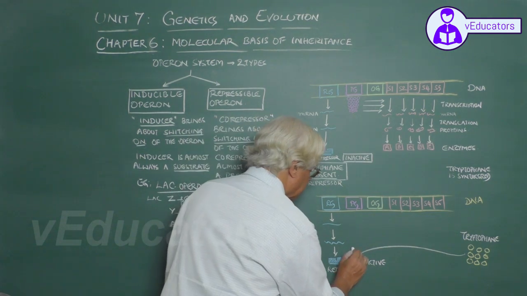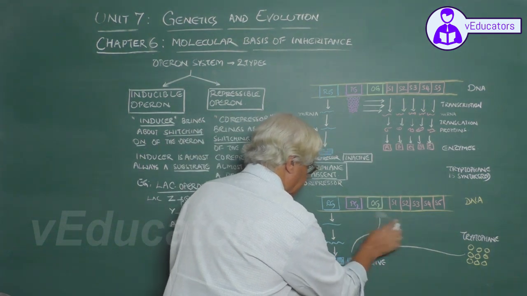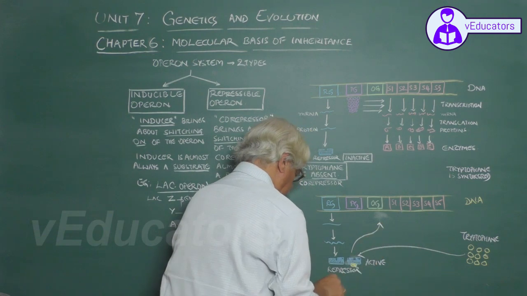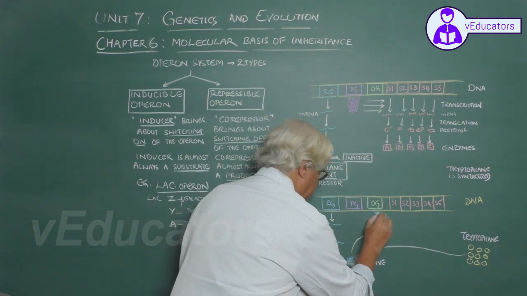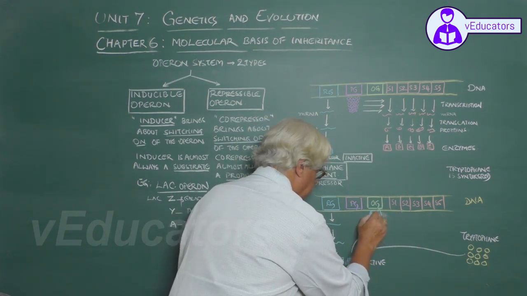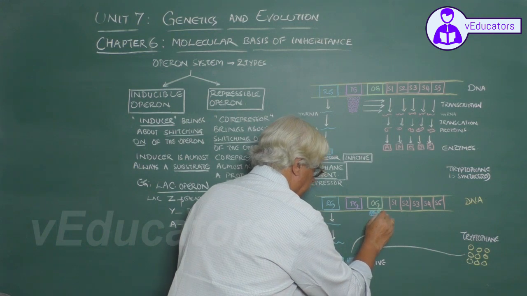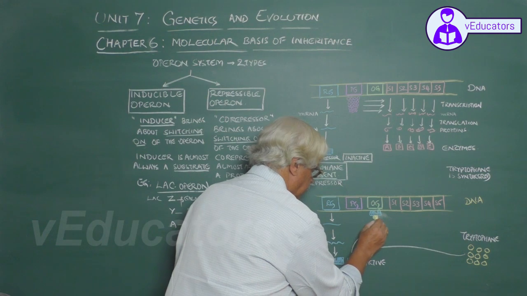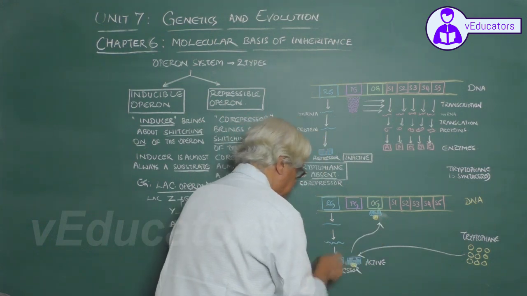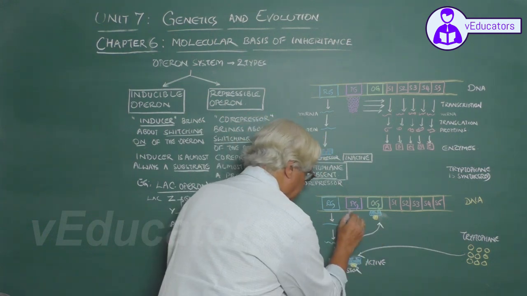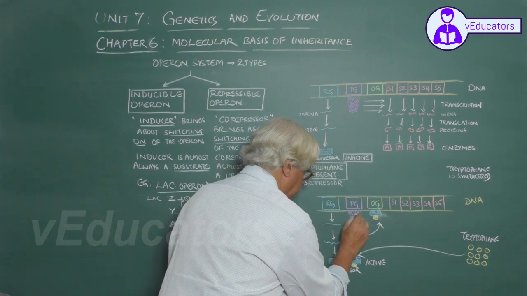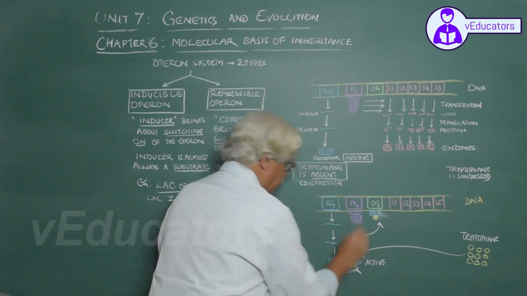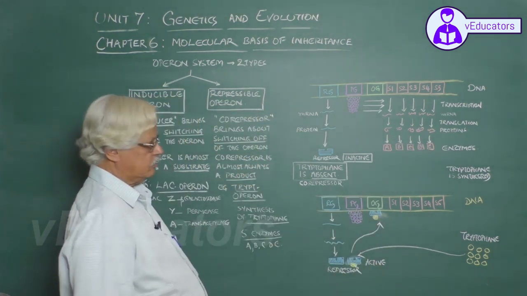This repressor can bind with the operator gene, thereby preventing the flow of RNA polymerase.